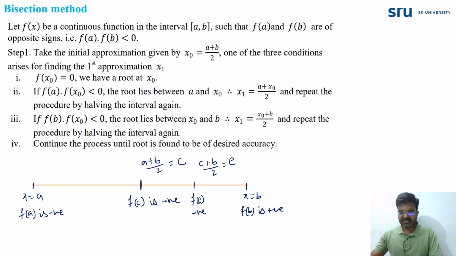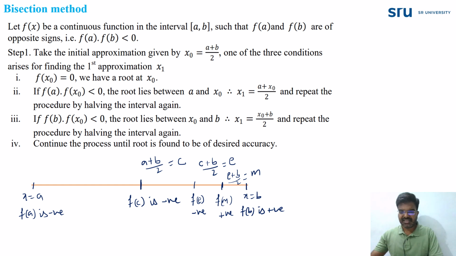Again we take the midpoint of e and b, which is e plus b by 2. I'm calling this midpoint m. We calculate the functional value at m. Suppose the functional value is positive at m.